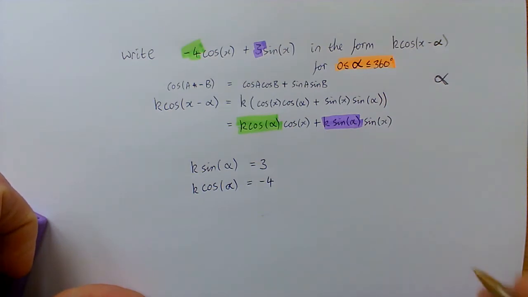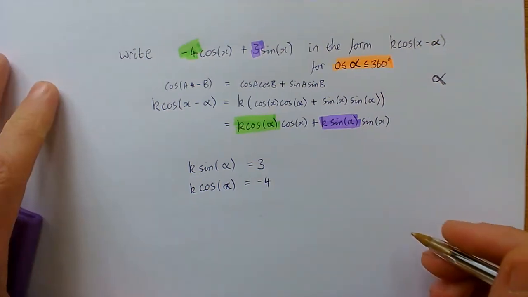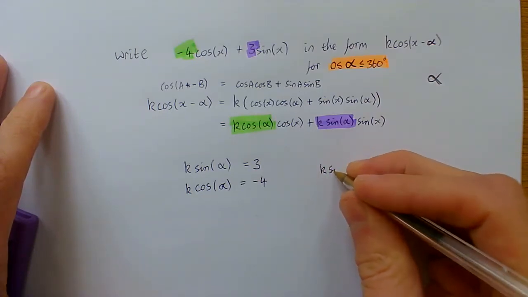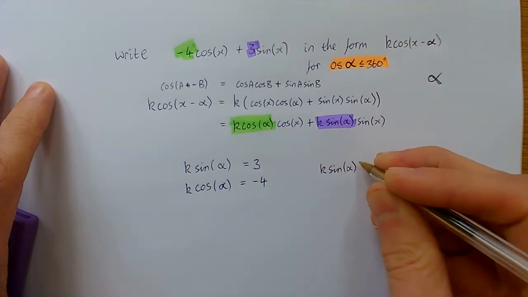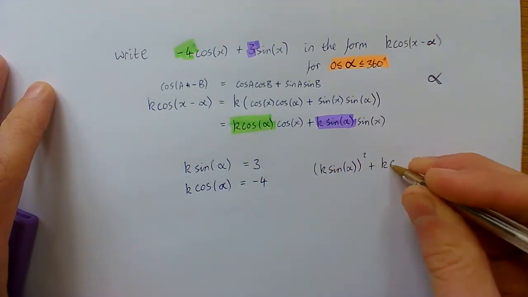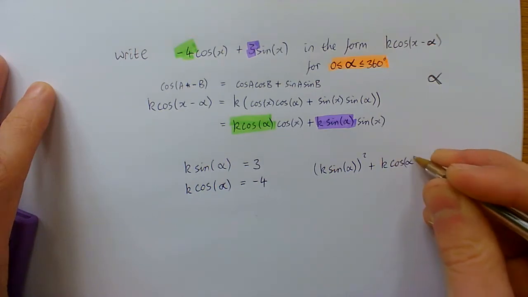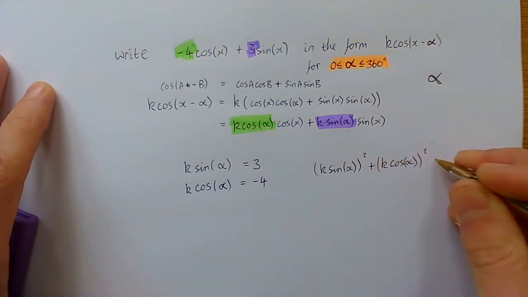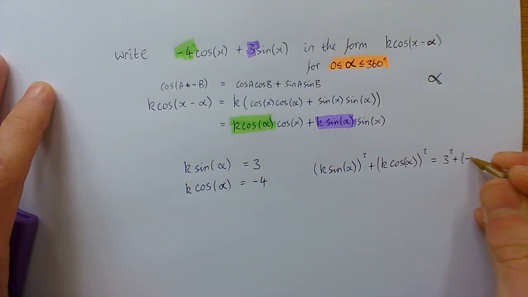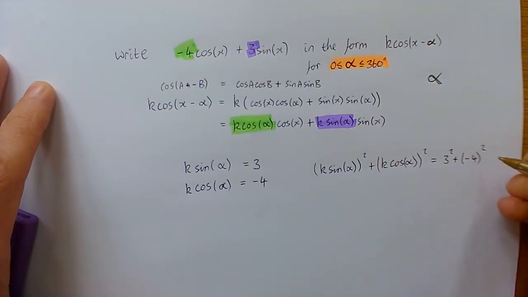Well, we've already seen the tricks that we're going to use for this. Because if I do k sine alpha squared plus k cos alpha all squared, that's the same as doing 3 squared plus minus 4 all squared.